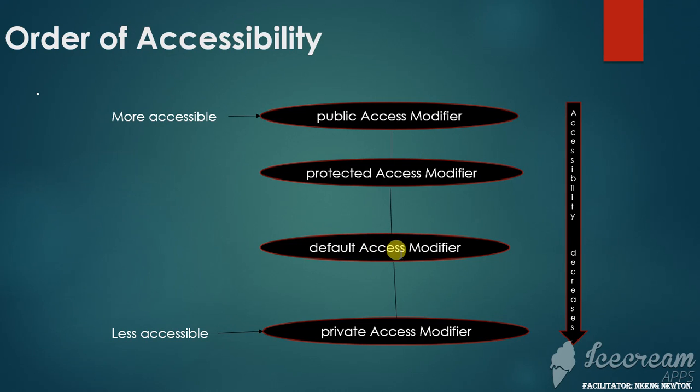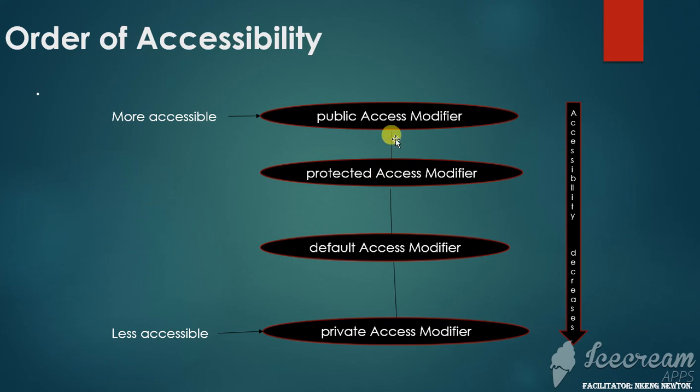So if we have two classes A and B, and B wants to access a property from A, the condition is that both B and A must be in the same package. And then now let's move to protected. Protected works the same as default, but there is an additional advantage: if class B is a subclass of A, then B can access that protected member no matter the package it belongs to.